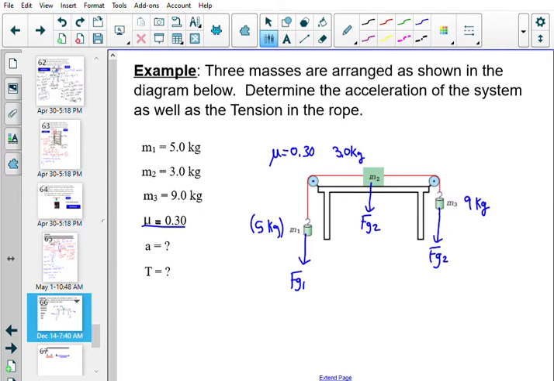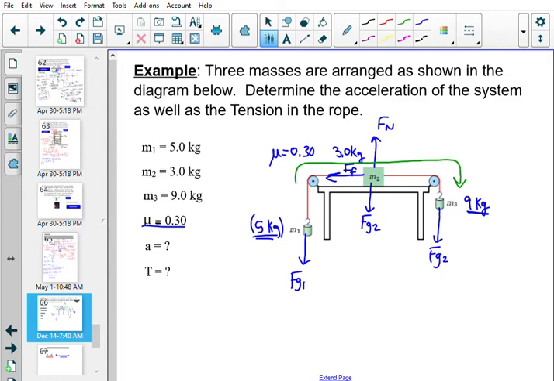So I have Fg2 down, I have Fn up. Based on the numbers that I'm seeing, this 9 kilograms is going to beat out the 5 kilograms, so it's pretty clear that the whole system is going to move in this direction. So if the system's going to move in that direction, then the friction is going to oppose it and go backwards. And you have FF that way.